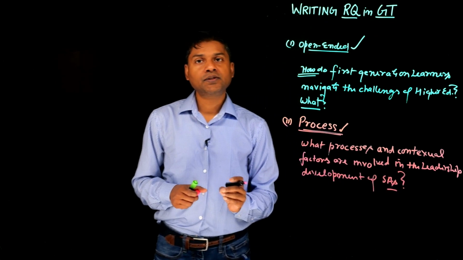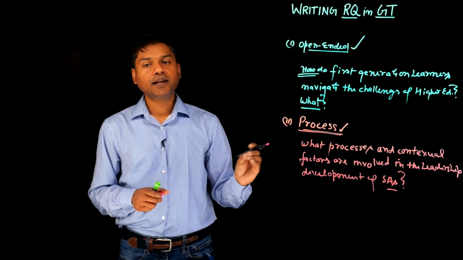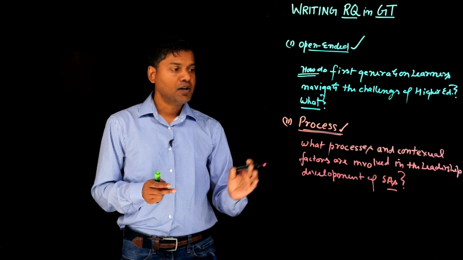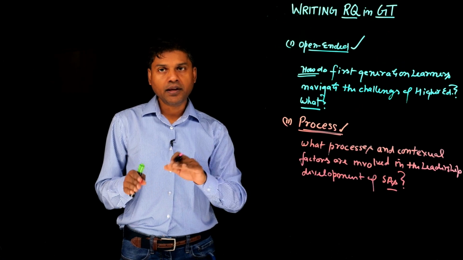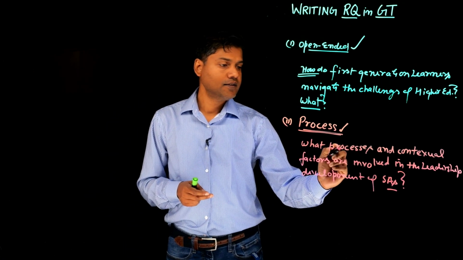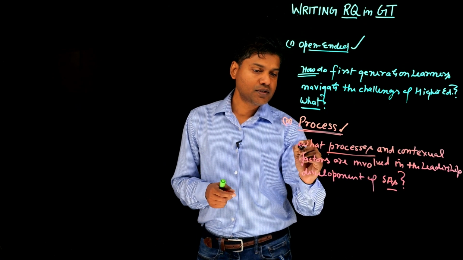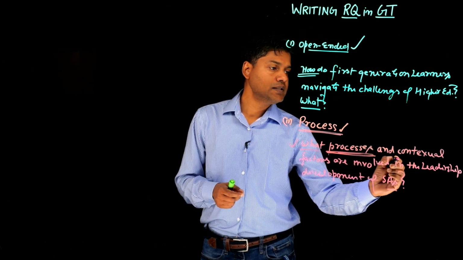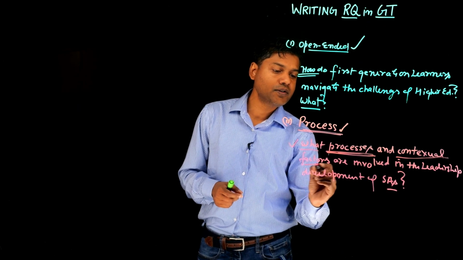So let's say as a researcher, I want to understand how leadership develops among student athletes when they are in college. So what processes? First is open-ended, and then you have the processes and contextual factors.